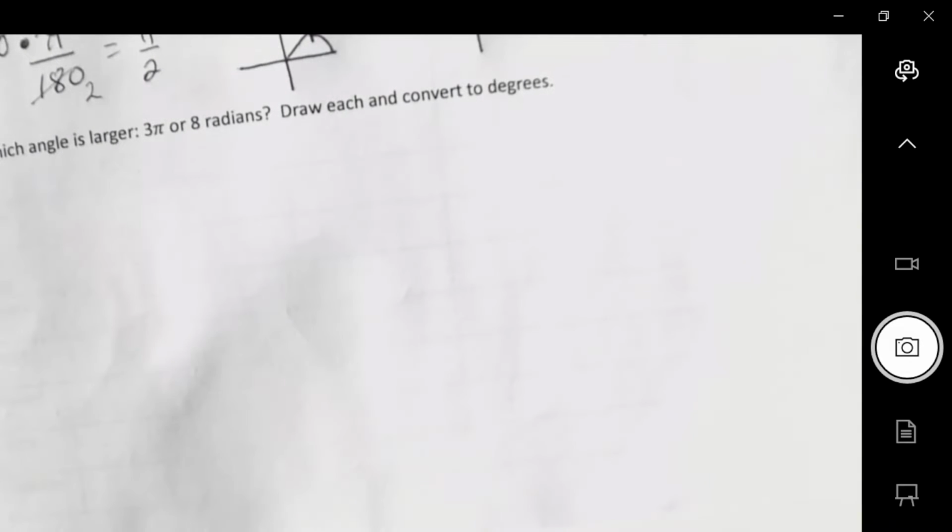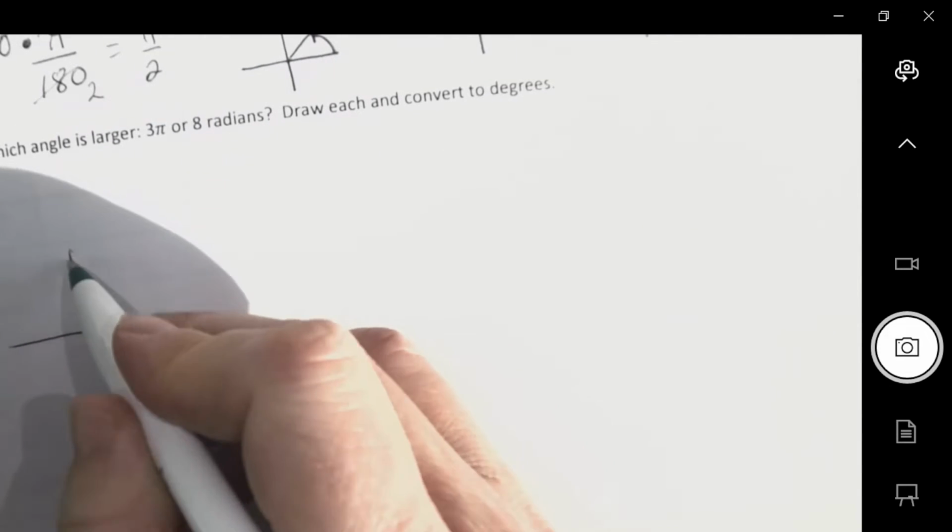Last question about this. Which is bigger, 3 pi or 8 radians? You can draw each, convert to degrees if you want. I'm going to do this without converting and then we'll do it with converting. So 3 pi, I'm going to travel for 3 pi's.